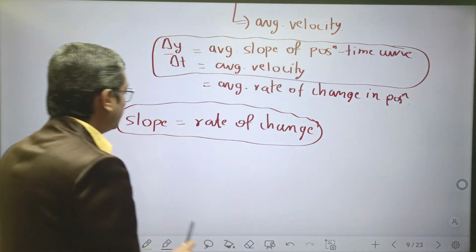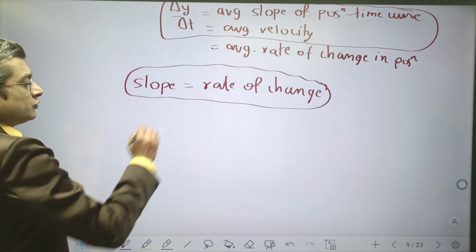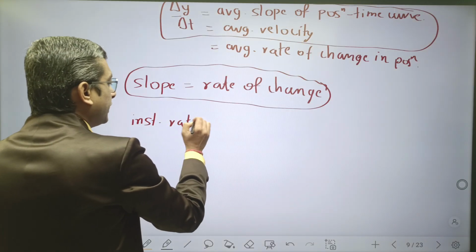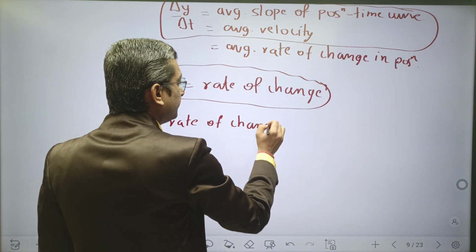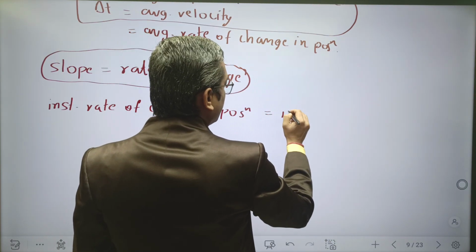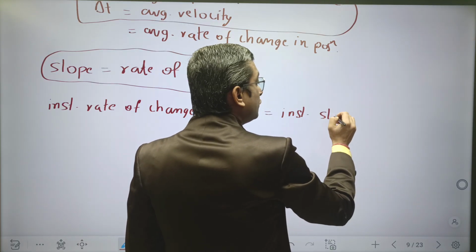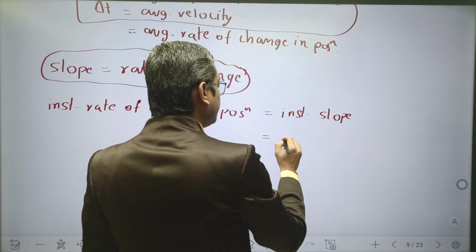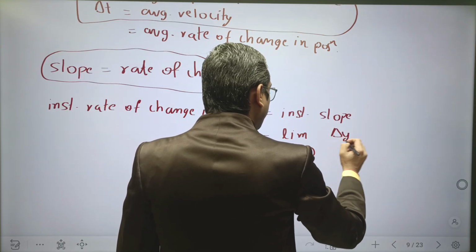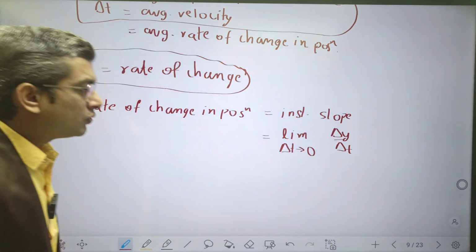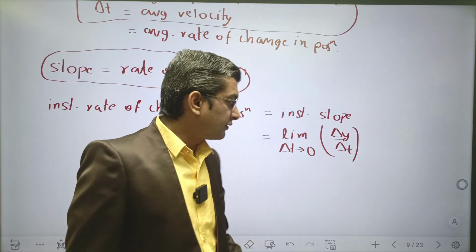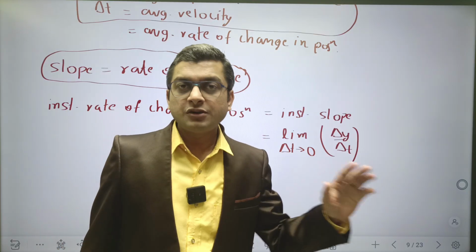Now what is instantaneous rate of change? Since rate of change is given by slope, if I write instantaneous rate of change in position, then this will be given by instantaneous slope. And what is instantaneous slope? That is limit delta t tends to 0, delta y by delta t. As we all know, instantaneous slope is also an average slope, but the condition is that the denominator, that is delta t, must approach 0.